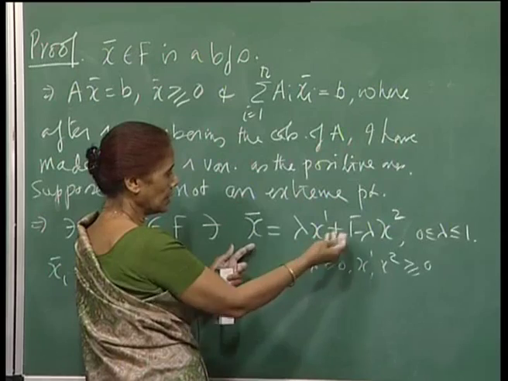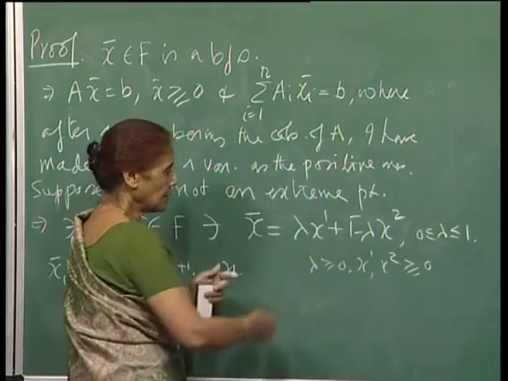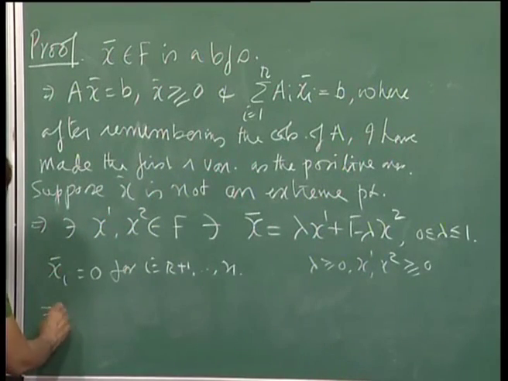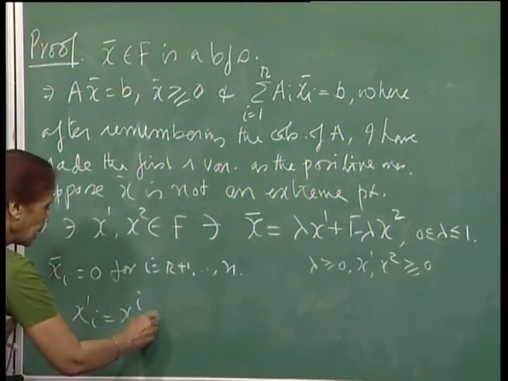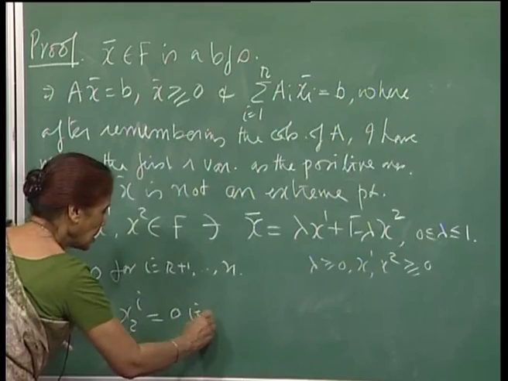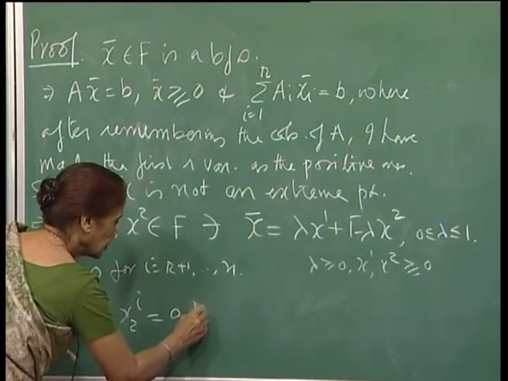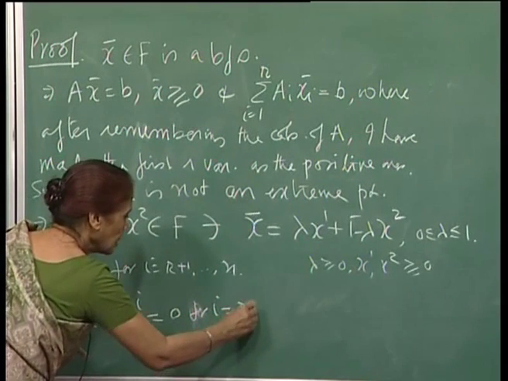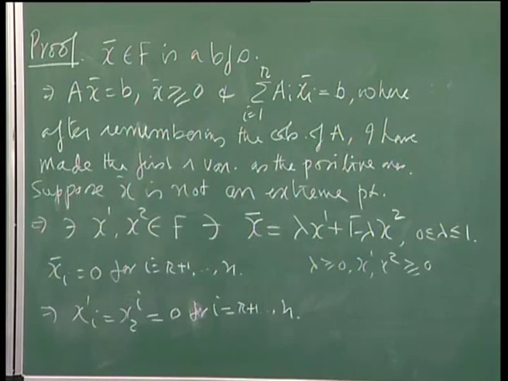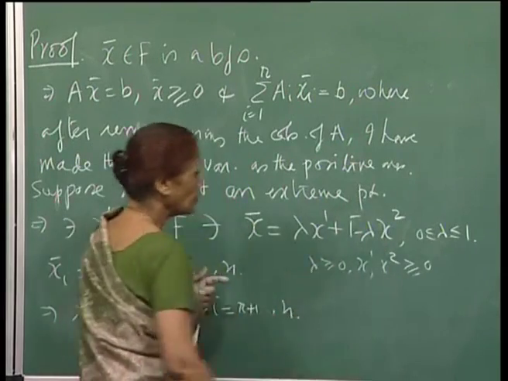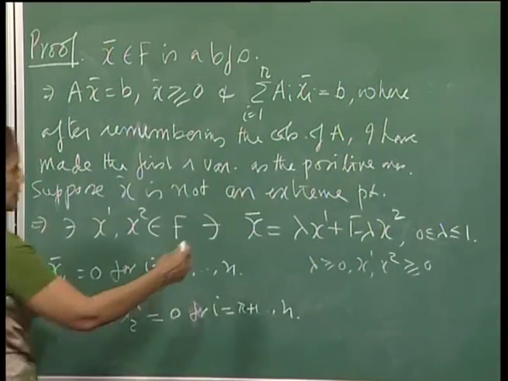So when can this equation be satisfied? This implies that x1 i equal to x2 i equal to 0 for i varying from r plus 1 to n. That means the last n minus r components of x1 and x2 must also be 0. Otherwise, this equation will not be satisfied.